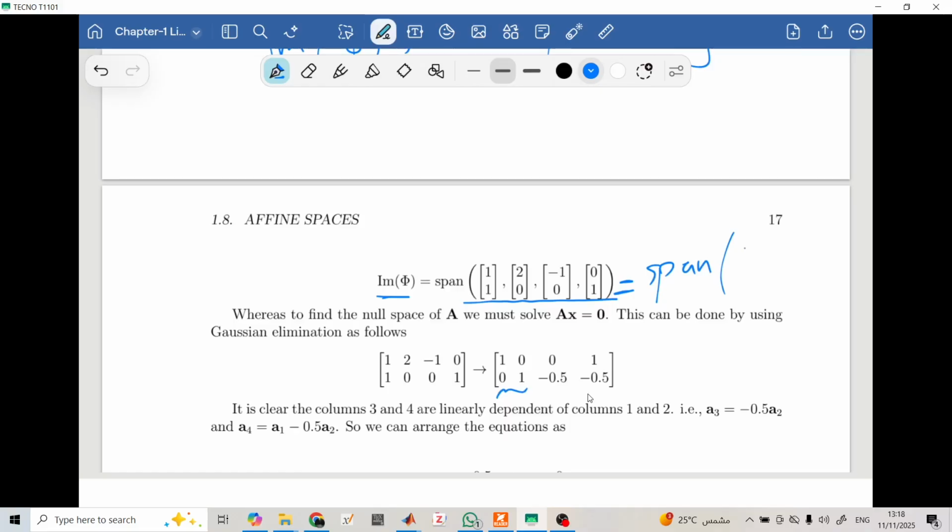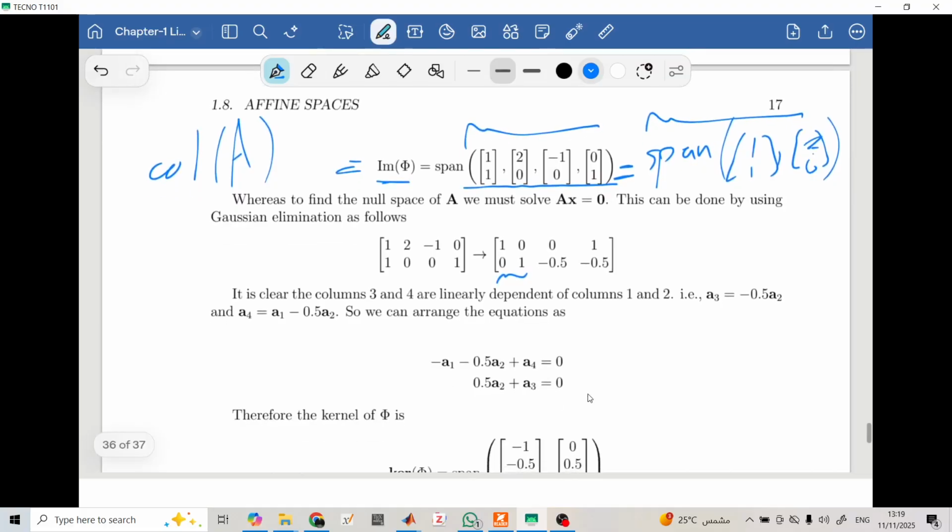So those two sets are identical. As we said, this is the minimal basis set. This is a span, a set of points that are reached by the matrix or by the mapping phi. So this is the image, or as we say, the column space of A.